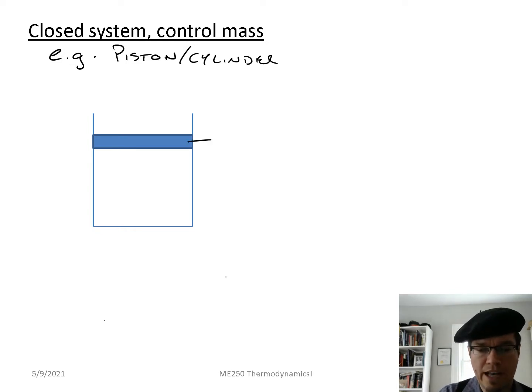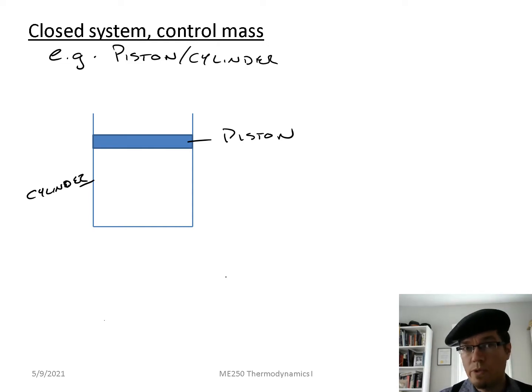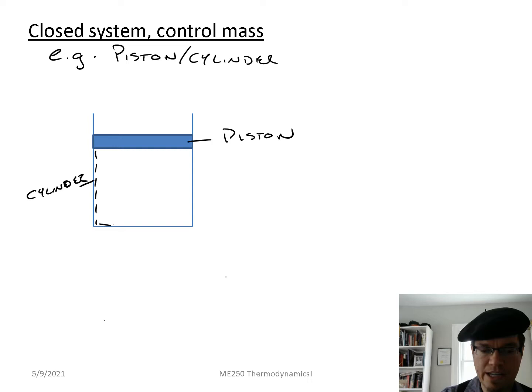Schematically, we show it as the piston being just this rectangle and the cylinder being the cup around it. But importantly, we don't care about either the piston or the cylinder. They create the system, which is the quantity of matter inside the piston and the cylinder.